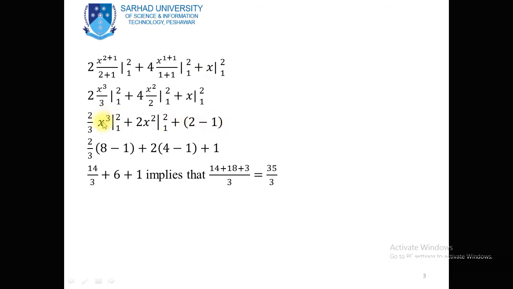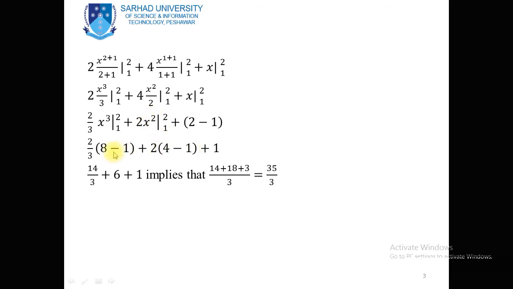In this term, putting the upper limit x is equal to 2, 2 power 3 is equal to 8, minus putting the lower limit x is equal to 1, 1 power 3 is equal to 1. And in this term, putting x is equal to 2, 2 power 2 is equal to 4, minus putting the lower limit x equal to 1, 1 square is equal to 1.